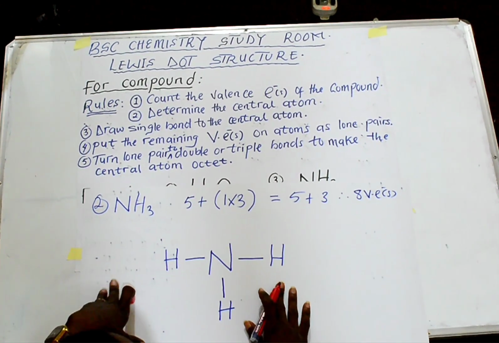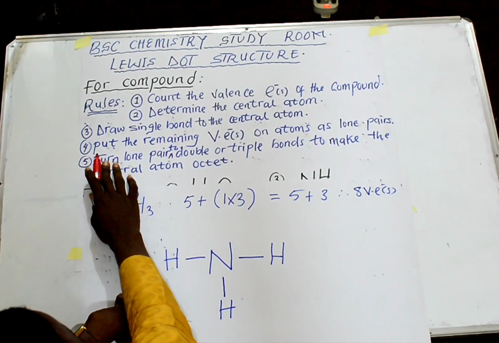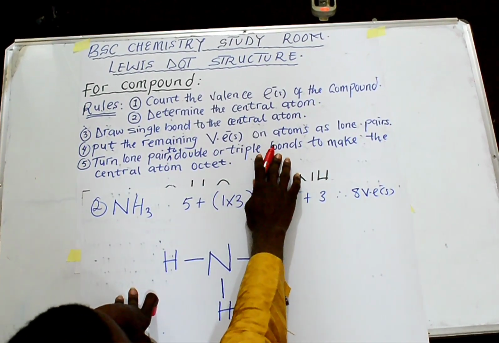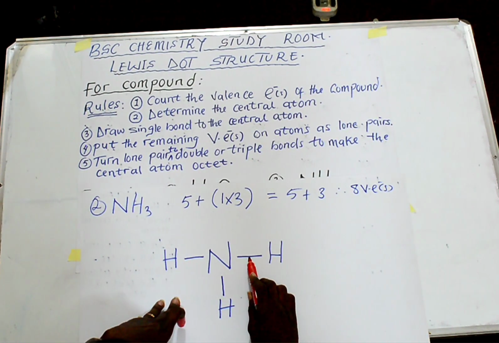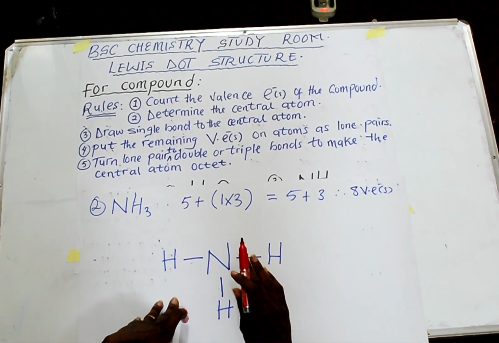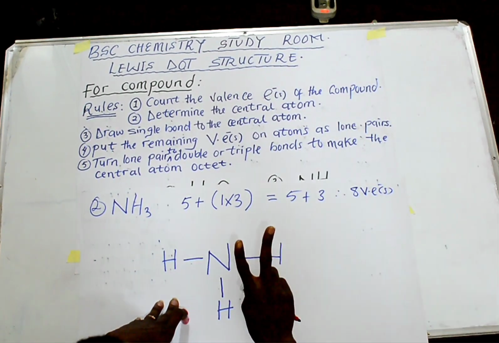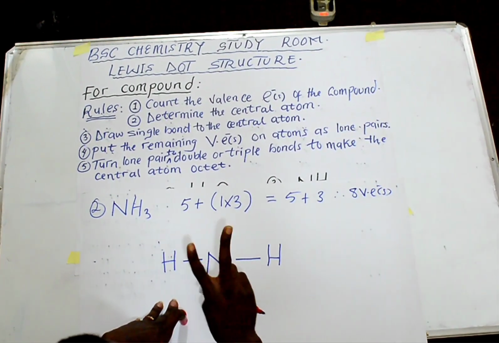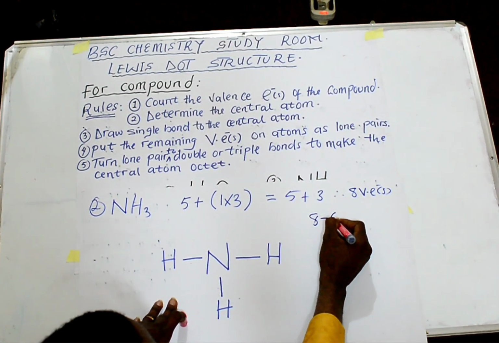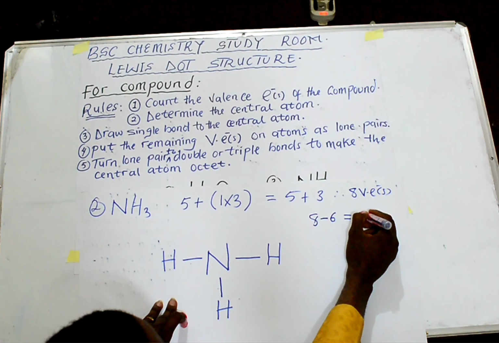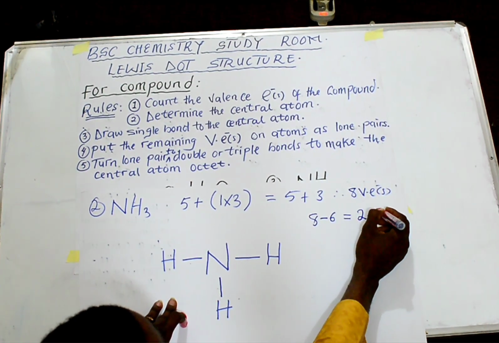So now step number 4 says put the remaining valence electrons on the atoms as lone pairs. First we count the single bonds, 3 single bonds. Each bond carries 2 electrons, so 2, 2, and this one 2. That means 8 minus 6, which gives 2 valence electrons.